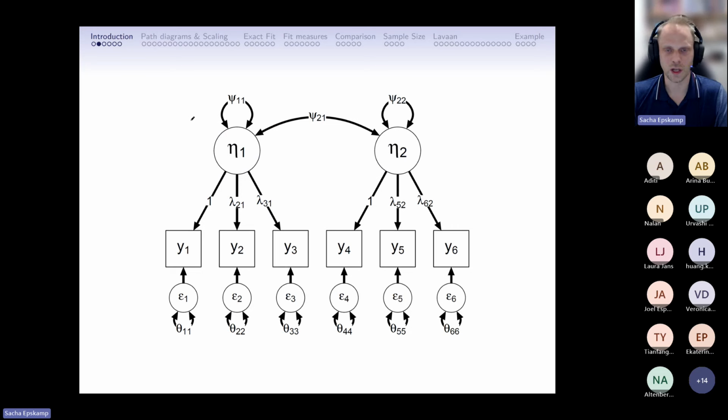So for example, you can conclude that underlying our data set of 6 items, these are observed indicators, questions like how do you feel, there could be 2 latent constructs that are causing the covariation. And you can test how strongly they correlate, how strongly they are related to each other, which is a very powerful thing.